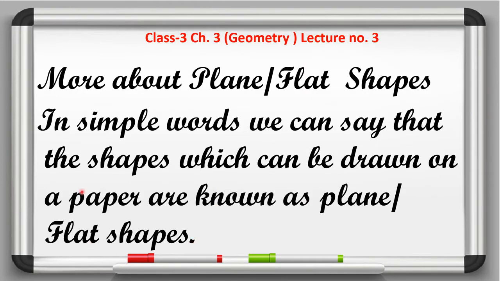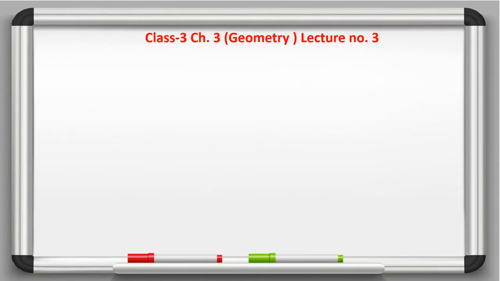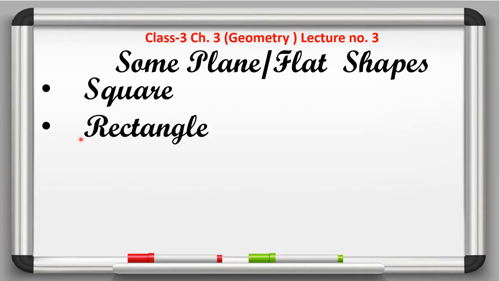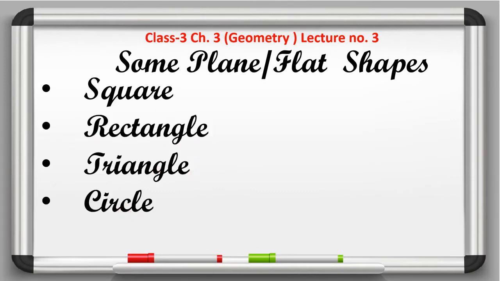So those shapes which we can draw only, but we cannot hold them. Okay, those shapes are called plane or flat shapes. Understood? So some plane or flat shapes. So here beta, we will learn about square, rectangle, triangle and circle.